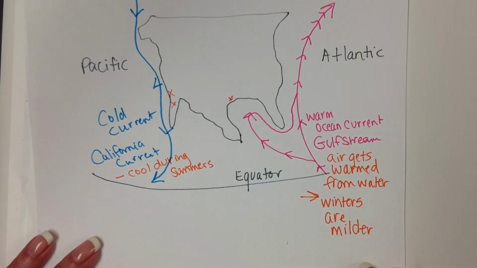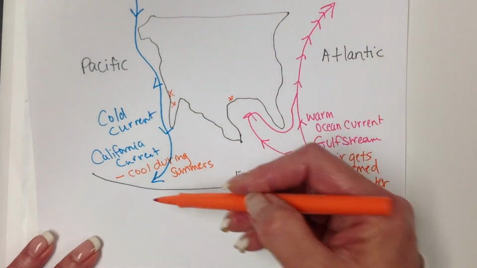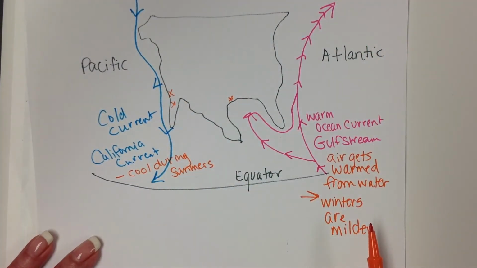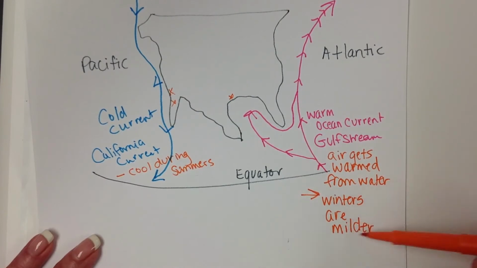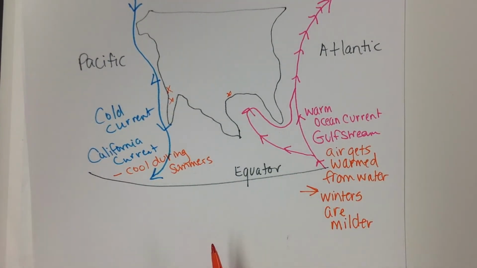Really nice. They're not going to get into the 100 degree range like we do. All right, so these are some of those global ocean currents. Now remember, air gets heated by touching the water. So if you have warm water, you're going to have warm air. If you have cold water, you're going to have cool air above it.